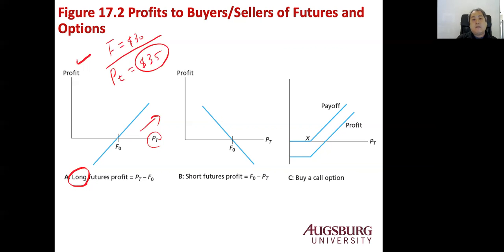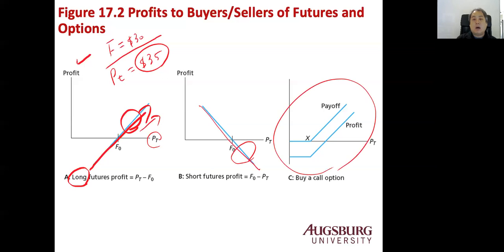It means that for the buyer side, you only pay $30 for $35 goods, right? So it's profitable. But for the seller side, the short position, you're losing money because you lose the opportunity to sell these goods at 35. You just have to sell for $30, and you have to because of this commitment. So you lose money. So for the long position, futures profit basically increases linearly, and for the short it decreases linearly, unlike options.